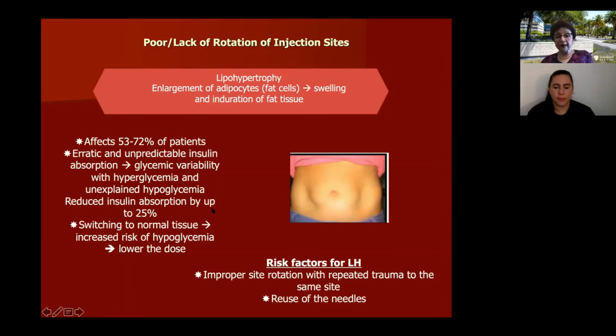So be careful with that. Now, when you're switching to different sites that you haven't used before, then you're at risk for going low. So the dose may need to be reduced when you're going to different sites.